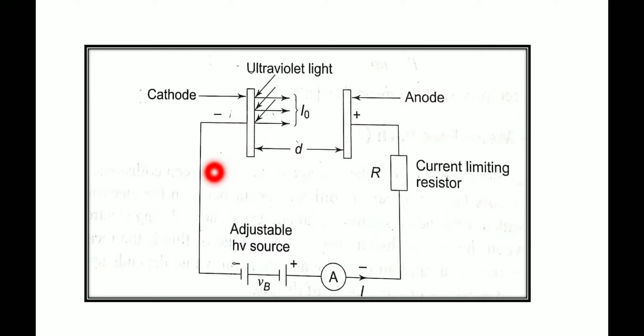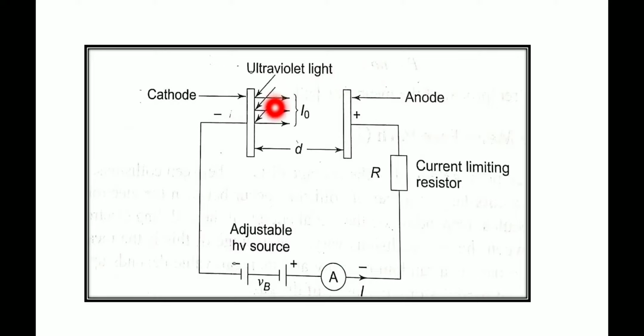The electrons get attached to the neutral gaseous molecules, and as a result they produce negative ions. This electron is negatively charged, right? So once it gets attached to the neutral gaseous molecules or atoms, it produces negative ions. Getting my point?